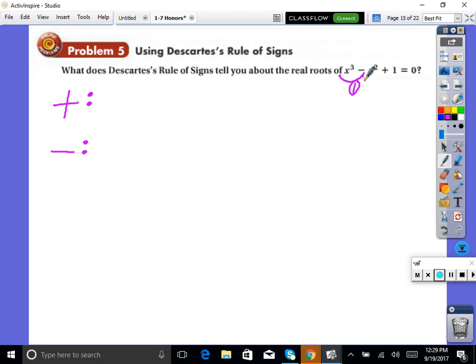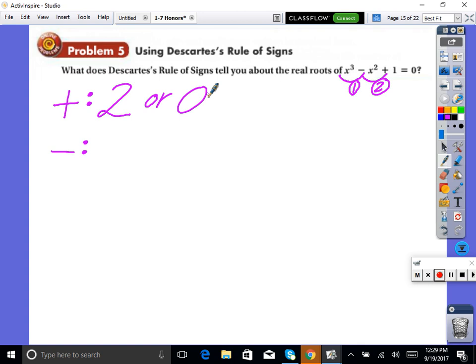That's one sign change. Now from a negative to a positive, it happened again. So we know that there are either 2 positive real roots or 0. So it's going to cross the positive x-axis twice or none, for sure. Does everybody get it?